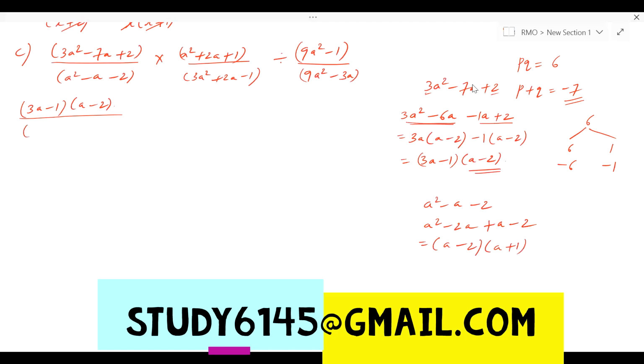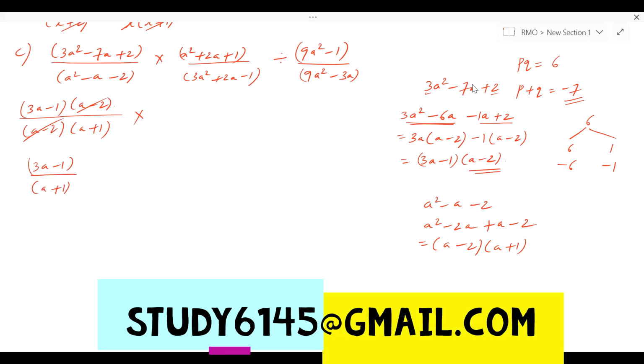So I'm writing a minus 2 and a plus 1. So now we'll immediately cancel this part. Next step. So now we're left with 3a minus 1 and a plus 1.